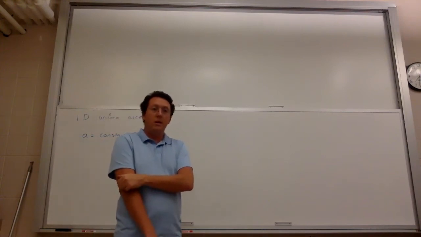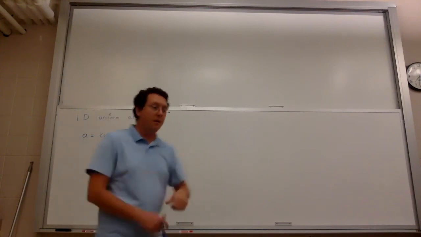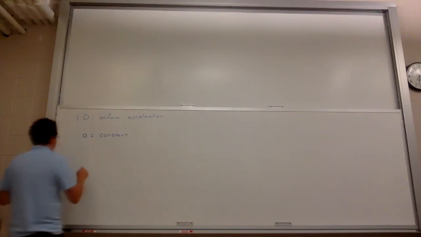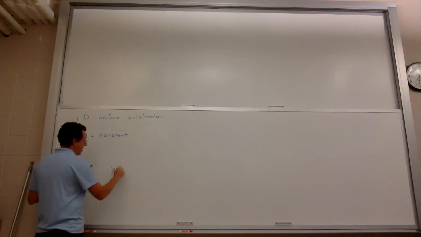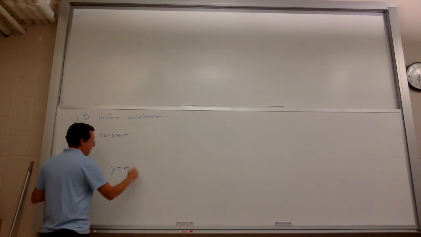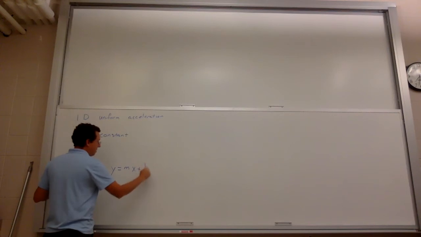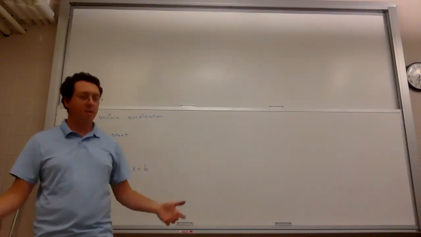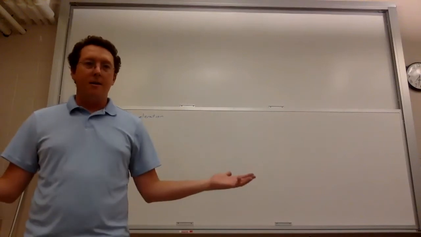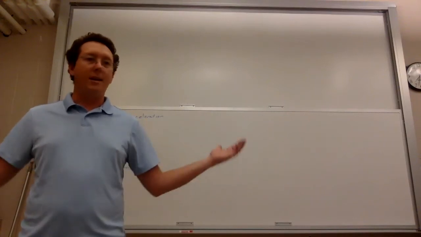Okay, so we're also going to need the equation of a line. In math class, a line is often described with an equation: y equals mx plus b. Everybody remembers that. What's y? What's b?